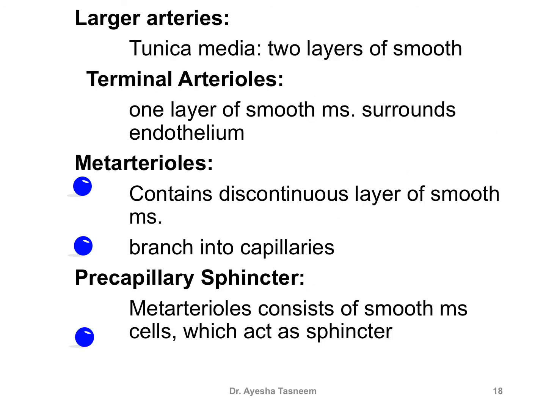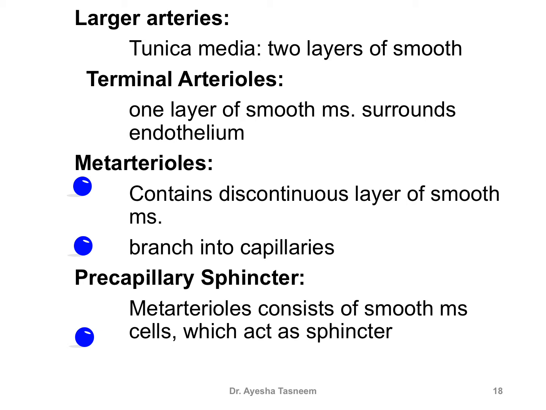Now we come to the larger arteries. The larger arteries contain a tunica media that has only two smooth muscle layers. Then we come to the terminal arterioles that have only one layer of smooth muscle in the tunica media, which surrounds the endothelium.